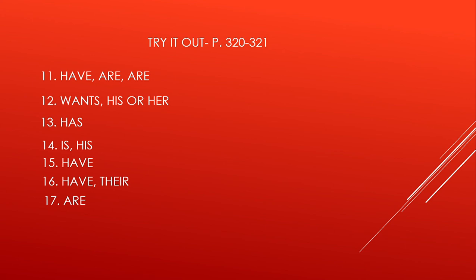Number 18, none of the tickets. So let's say I look back at the chart because I'm not sure. And then I see, of course, none is under either. So which one would it be? But then I look and it says none of the tickets, so meaning multiple tickets. So it would be have.